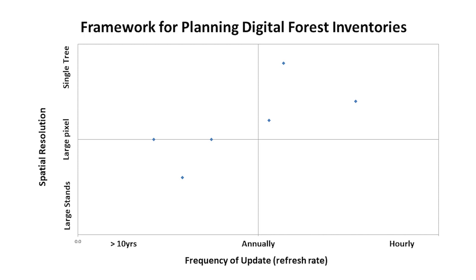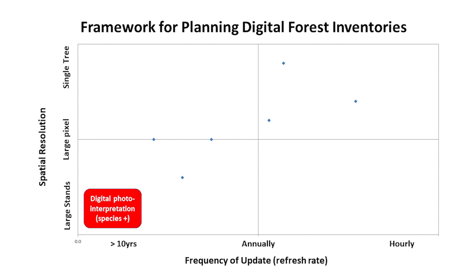Okay, so now how about a straw dog of an approach? If you look at characteristics of digital forest inventories, here I look at two axes: the spatial resolution of the product, and here the frequency of update of that product, or what I call the refresh rate.